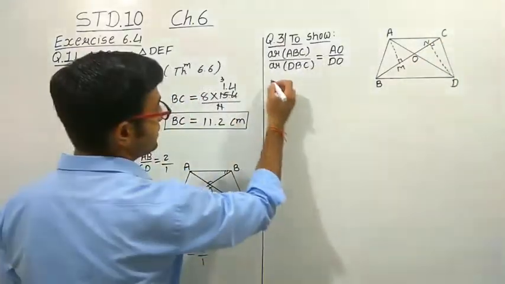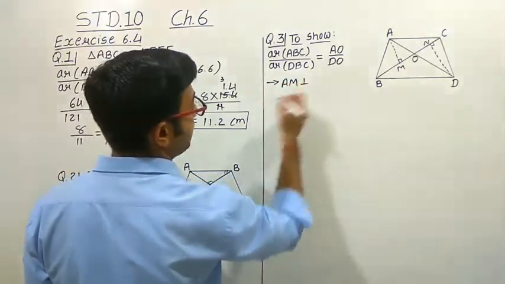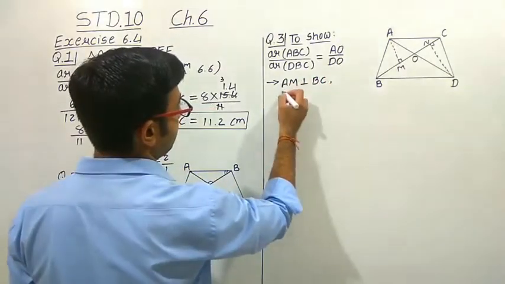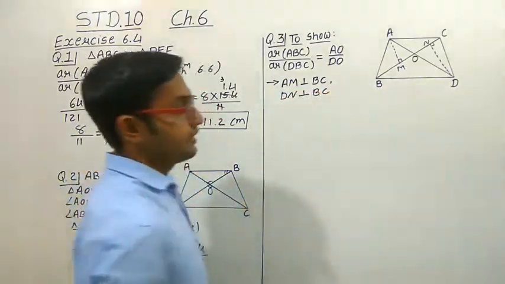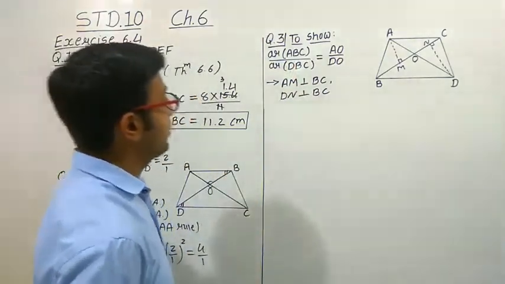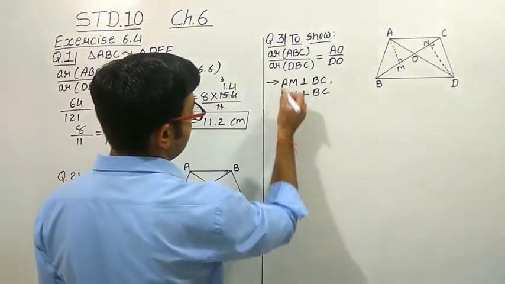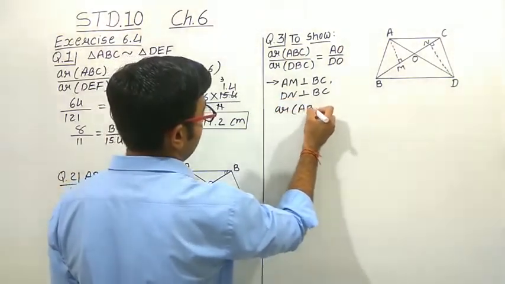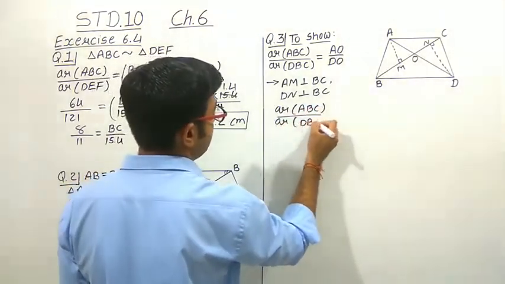So what we are doing here is, let us draw AM, that is perpendicular to BC. In the same way, another perpendicular we have drawn, that is DN. It is also perpendicular to BC. Why are we drawing the perpendiculars? Because we want to find the area of triangles ABC and DBC. Now, if we take the ratio of the area of triangle ABC to DBC, what can we write? Area of ABC over area of DBC.